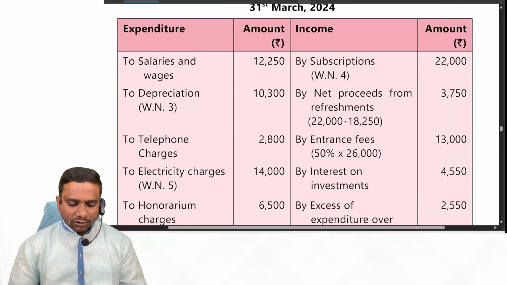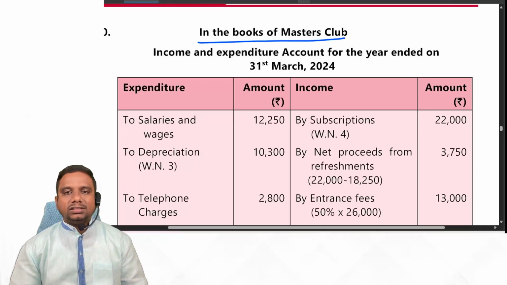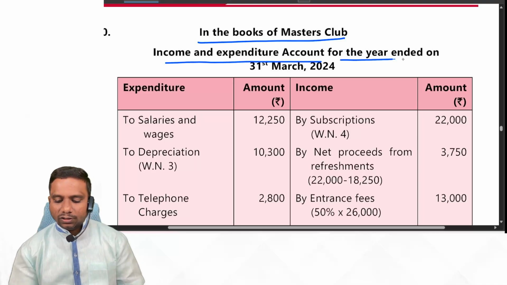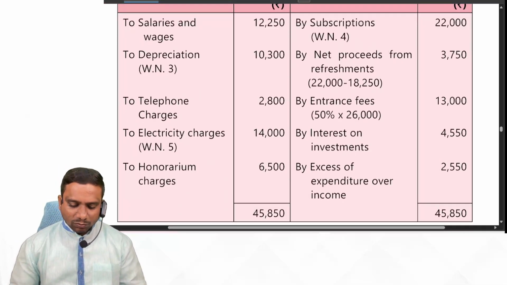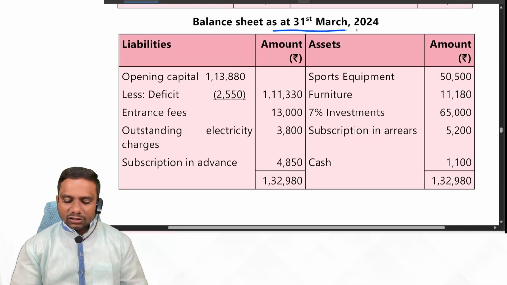First, writing heading is very important, students. In the books of Masters Club, income and expenditure account for the year ended on 31st March 2024. At the same time, balance sheet as at 31st March 2024.